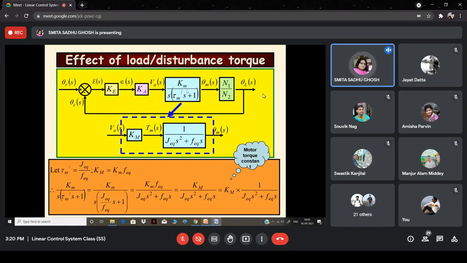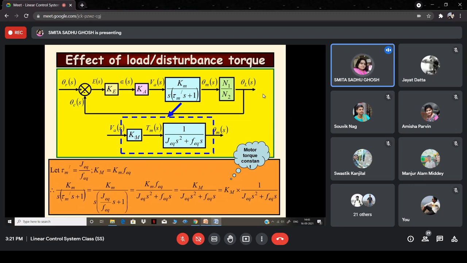So now, as far as the model is concerned, this particular motor block, the servo motor block transfer function, is being broken up into two parts. How is it broken up? You see this dotted light blue block is the entire block, and it has been broken up into two portions.